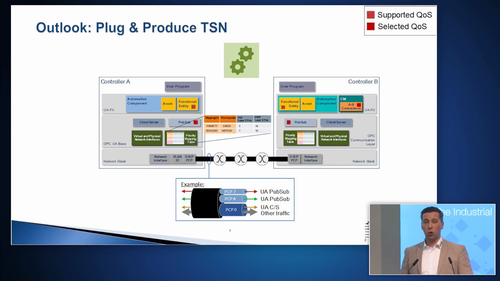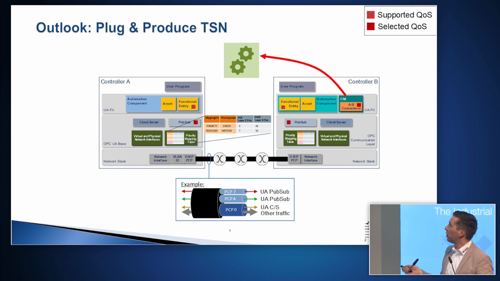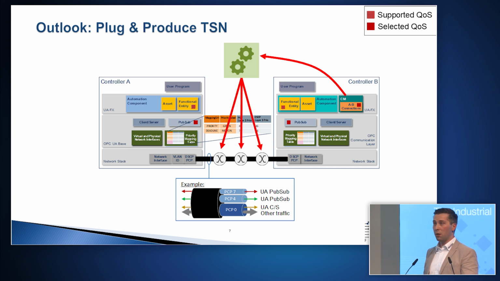If we look at the future, where we have maybe more advanced quality of service requirements with specific deadlines, we add a new entity here that comes from 60802. We define that somewhere in our engineering process, and that is one example where the connection manager does dynamic reconfiguration or resource allocation.